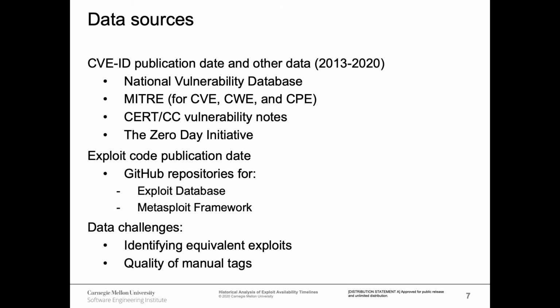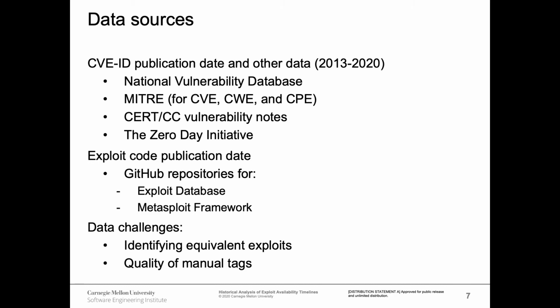We rely on manual tags, such as the committers including these CVE-ID tags in the databases, because it is an outstandingly hard and Turing complete problem to identify equivalent exploits, where 2 exploits exploit exactly the same vulnerability.